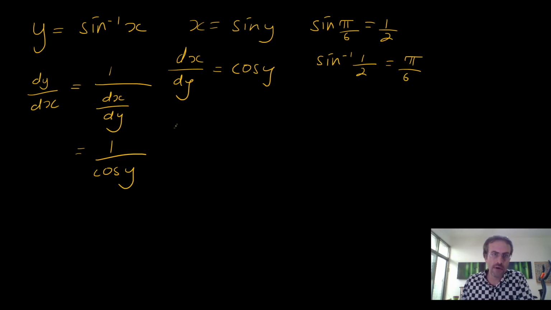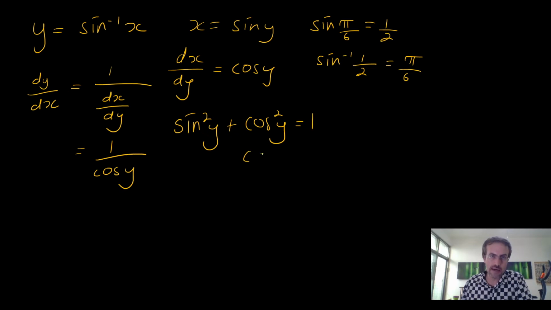Okay, so we just remember, now we're dealing in terms of y here. We remember that sine squared y plus cos squared y equals 1. And we want to rearrange this because we want an expression for cos to plug in here.